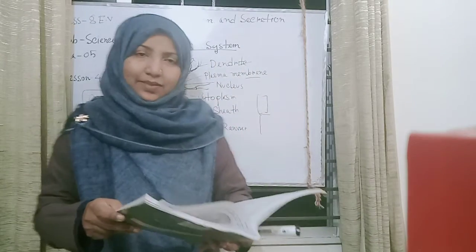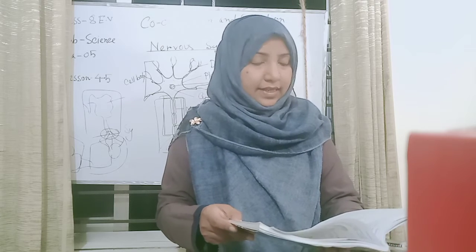Now, please everyone see the rules. What is the meaning of synapse? The junction between two neurons where the axon of one neuron ends and the dendrons of another neuron arise is known as a synapse.